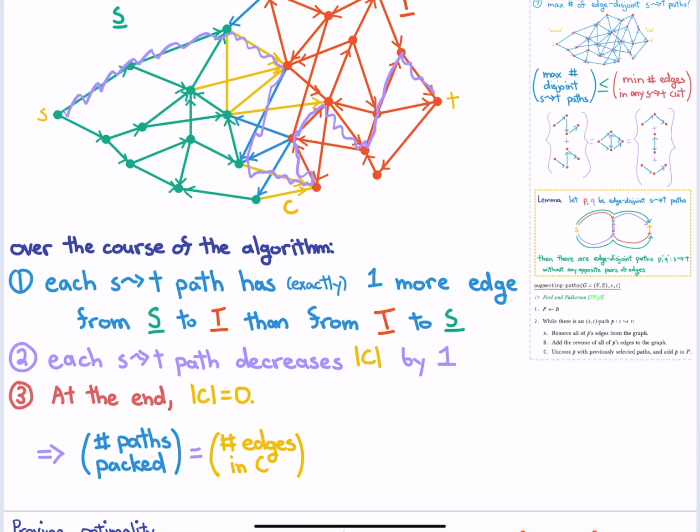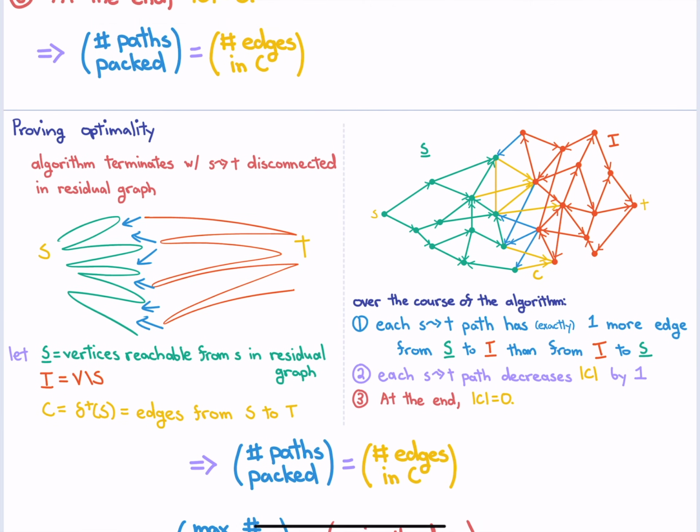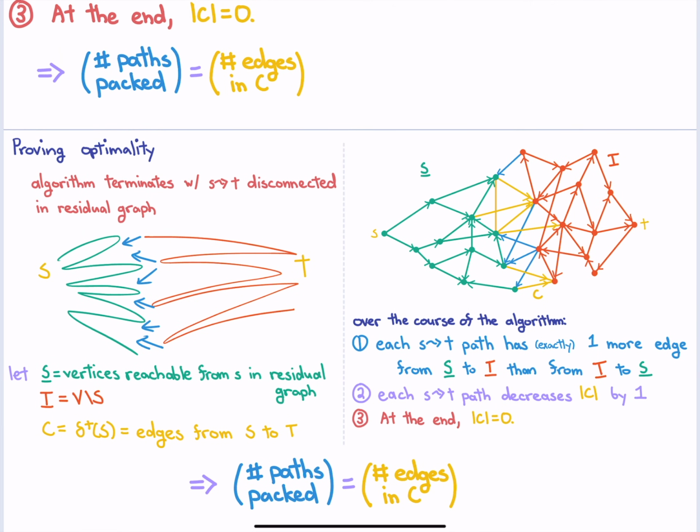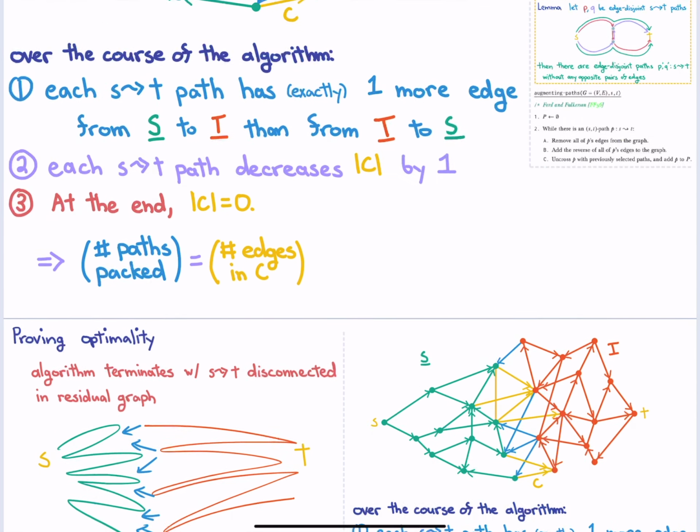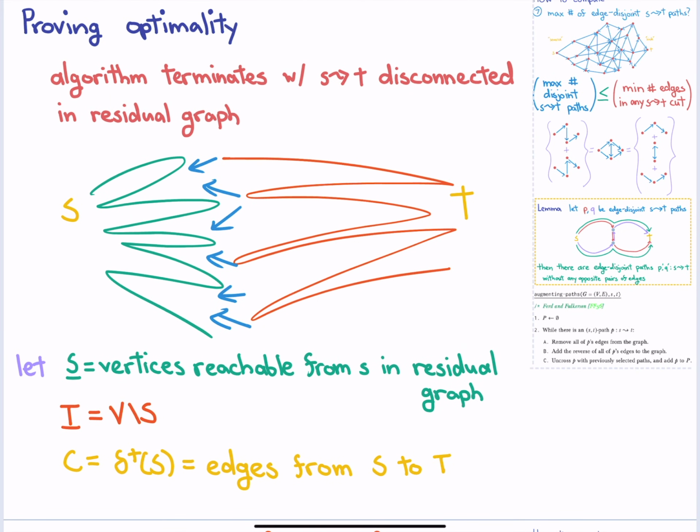Okay. That's the argument we've shown, that at the end of the day, the number of paths that the algorithm packs, yeah. If there was an edge that we hadn't used, then it should still be hanging around at the end of the algorithm. But if that was the case, you could get from S to here, and you would be able to go across the edge and you would have another vertex there.